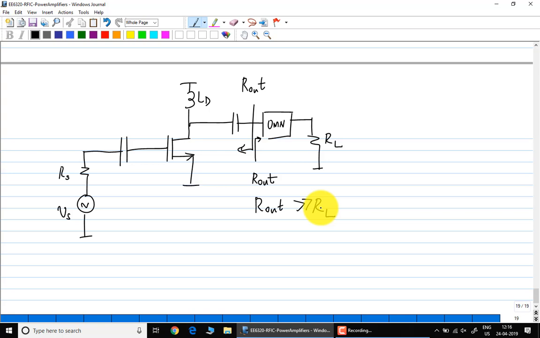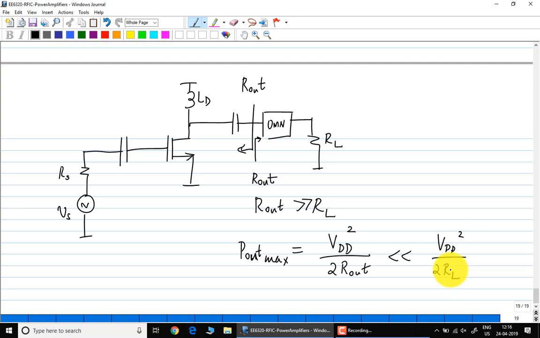What is the problem with that? The problem is P out. Remember that P out max was approximately VDD squared by, what is the maximum swing? You could get VDD swing from this, ignoring VD sat. So VDD squared by 2 R out. This will clearly be much less than VDD squared by 2 RL, because R out is much larger than RL.